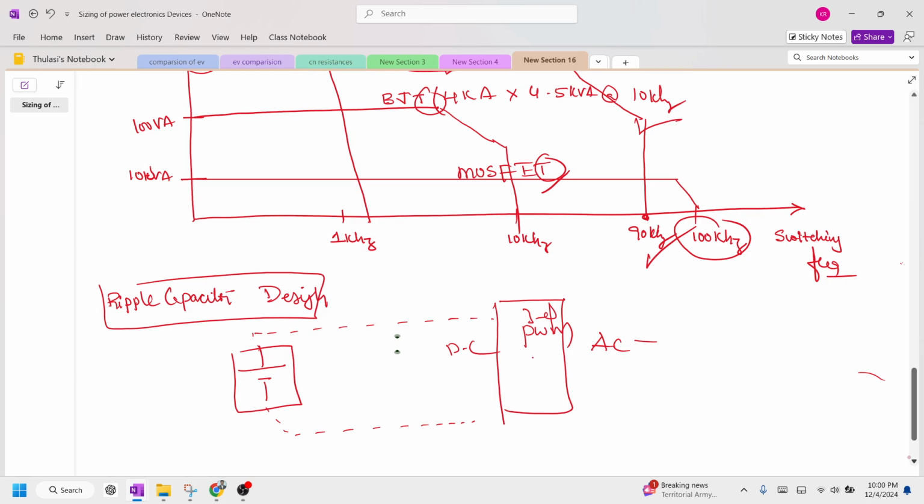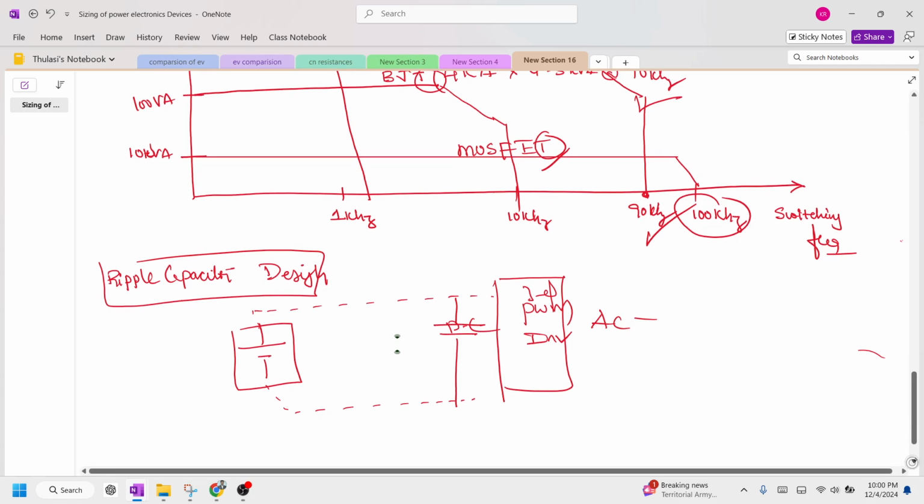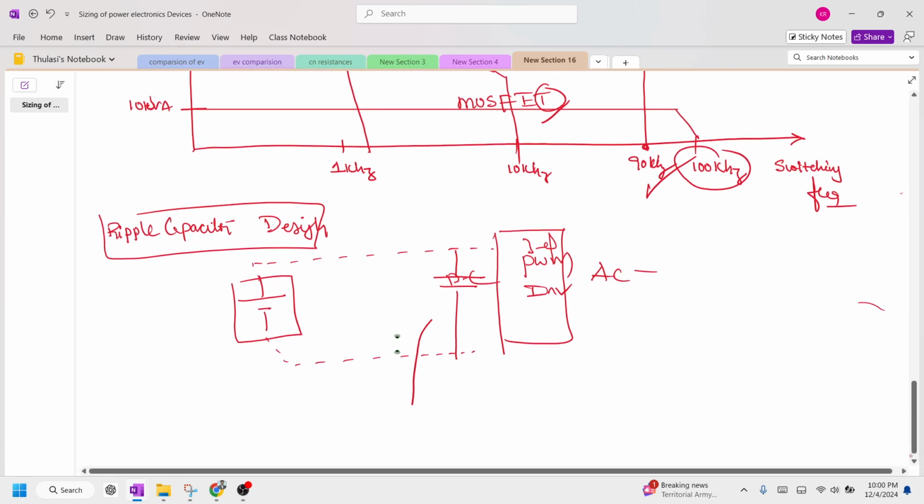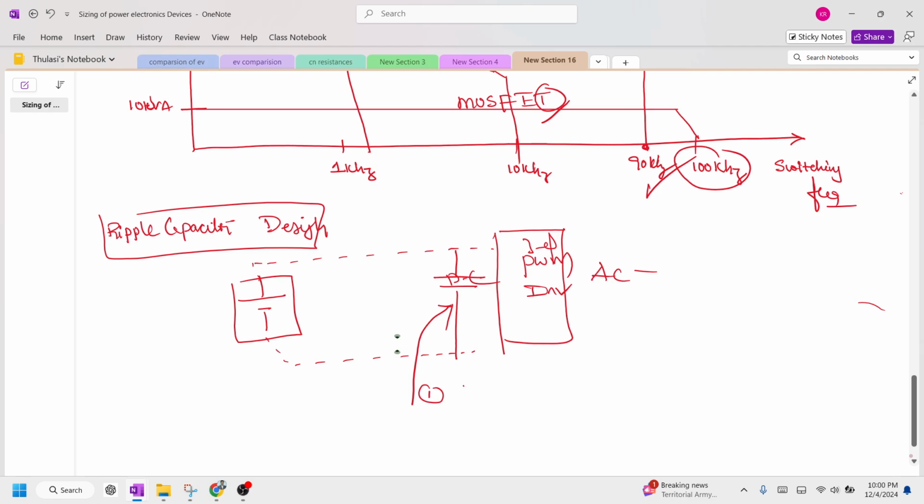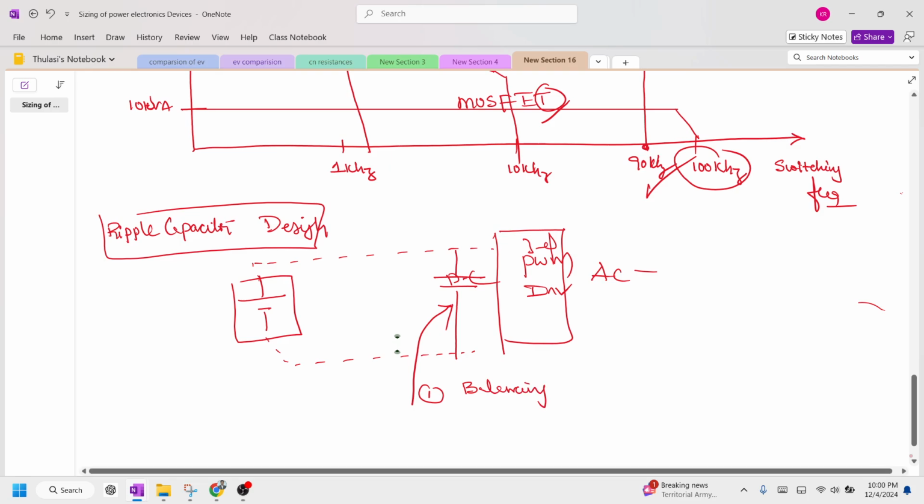Before this you connect a capacitor in parallel. What is the purpose of this capacitor? Initially, it is used for balancing of voltage.